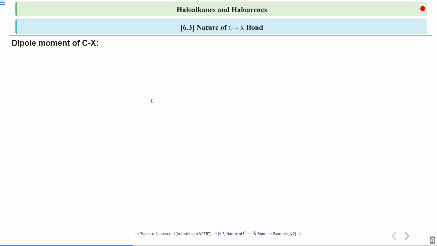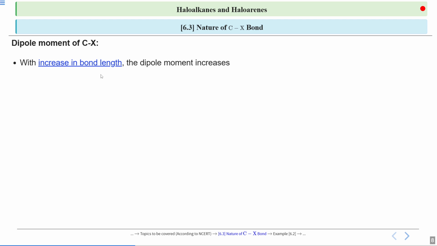And due to this separation, the measurement of this separation of positive and negative electrical charge in a molecule is referred to as dipole moment, and it is a vector quantity. That means it has both magnitude and direction.